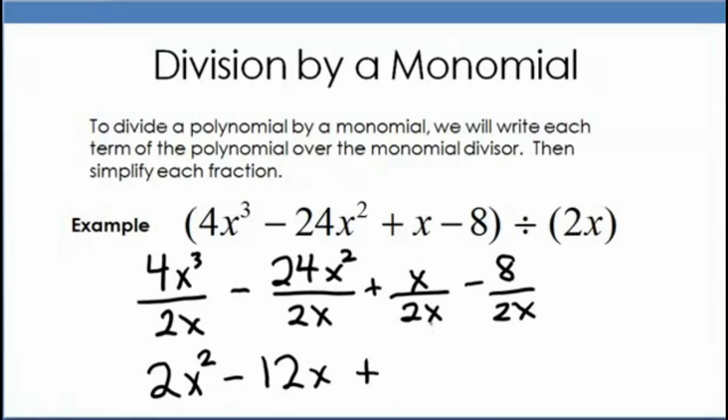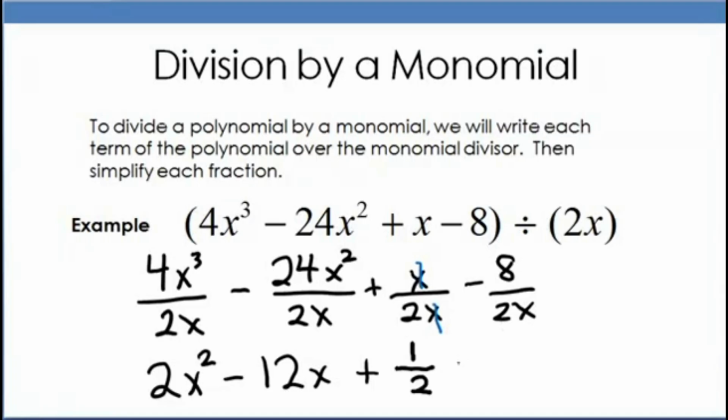On our third fraction, we don't have any number to divide out with the 2, so we're going to have to leave it. The x's will cancel. They will divide out, which will leave us 1 over 2. We do have to write the 1 in the numerator if everything divides out.